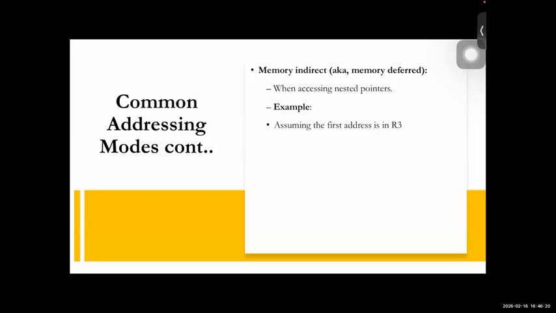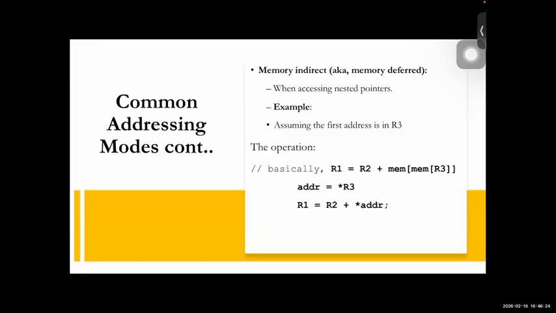Then the operation looks like R1 equals R2 plus the memory indirect, meaning the memory block is holding the address of the memory where the element is, and the R3 register holds the first address, that is the base address. So base address plus the memory address gives the element's actual address, which we call the effective address.